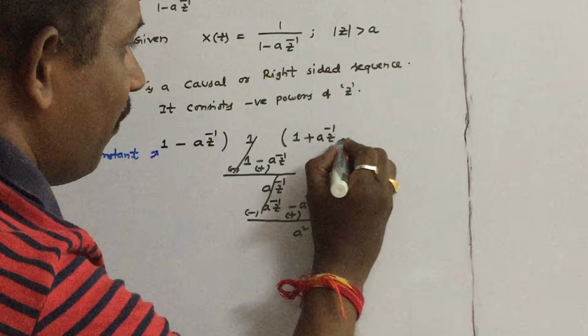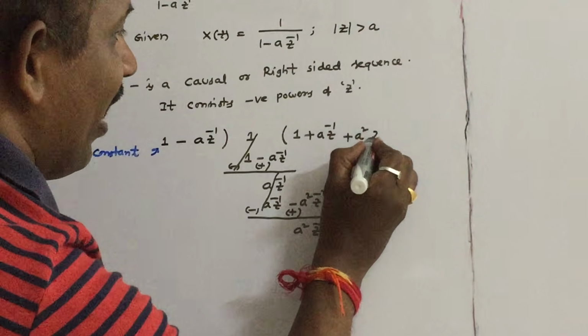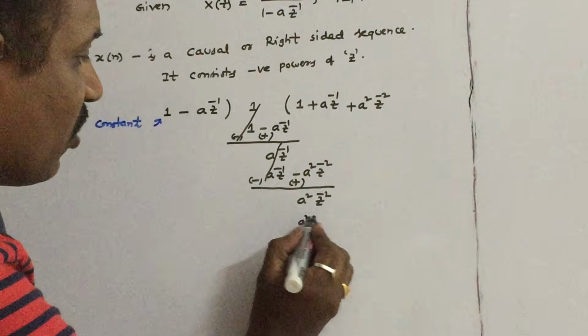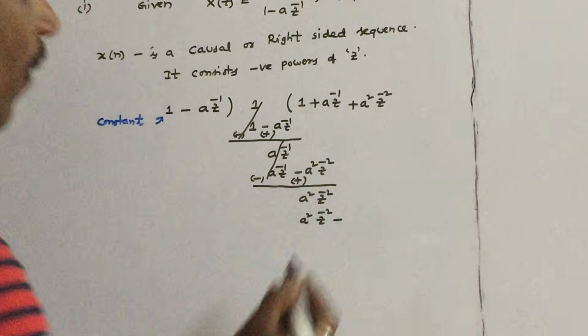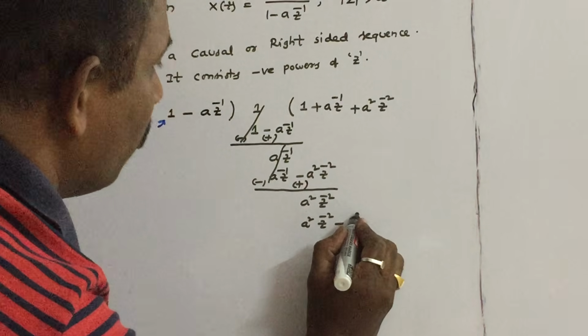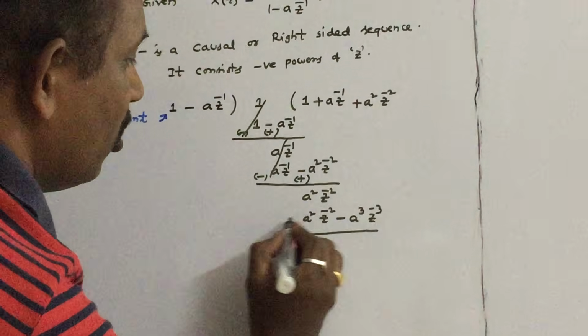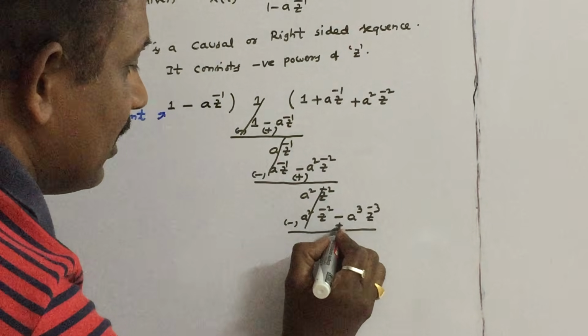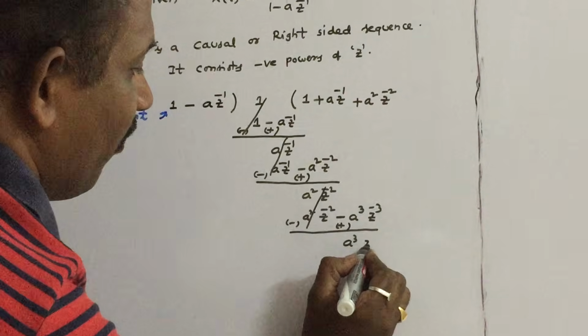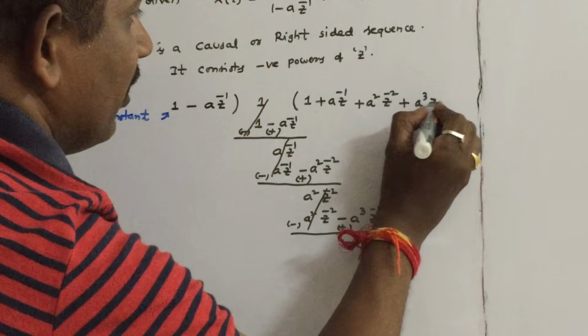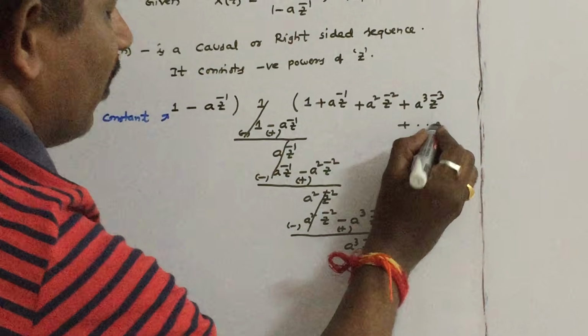To cancel out this term, multiply with a square z power minus 2. A square z power minus 2 into 1 is a square z power minus 2, minus a cube z power minus 3. Cancel out these two, leaving plus a cube z power minus 3. To cancel out this term, multiply with a cube z power minus 3, and so on.